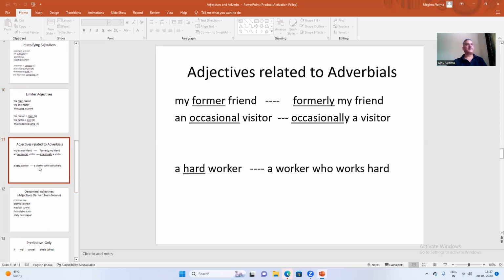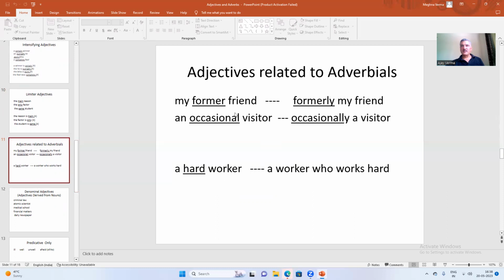Then we have adjectives related to adverbials. My former friend, formerly my friend, an occasional visitor, occasionally a visitor. A hard worker, a worker who works hard. Now, these adjectives also occur attributively and not predicatively.